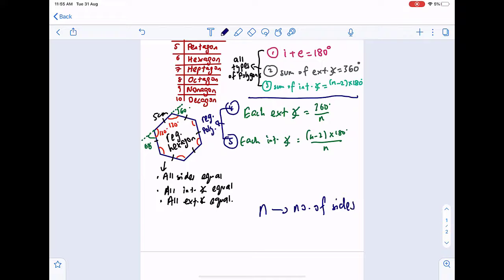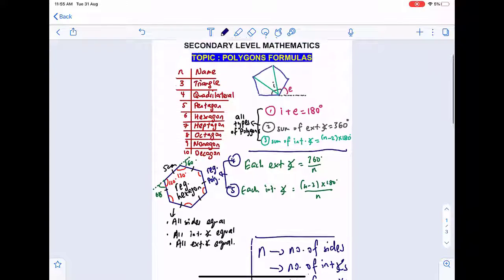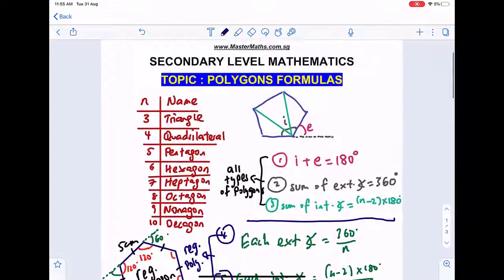It will also be the number of interior angles, and also the number of corresponding exterior angles. And there you have it, a quick summary about this topic of polygons.